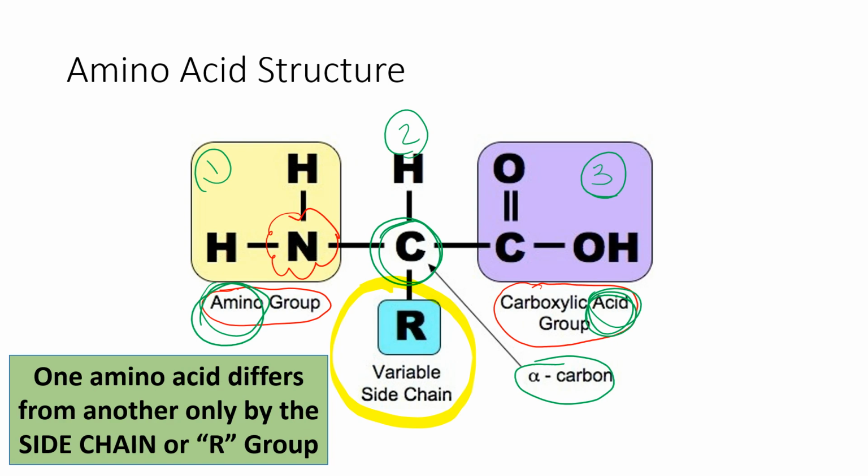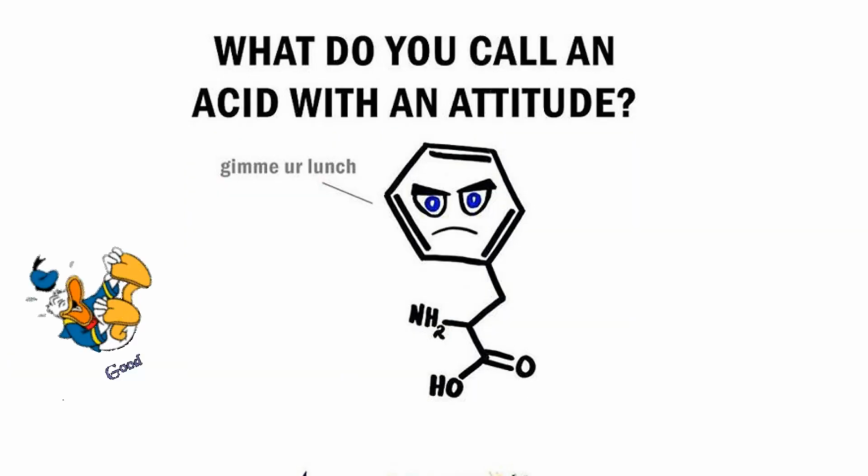Each of the 20 different amino acids, what makes them different is that R group. It could be just a plain hydrogen. It could be a hydrophobic, fat loving compound. It could be a water loving compound. Could be an acid coming off that carbon. Could be a base coming off that carbon.